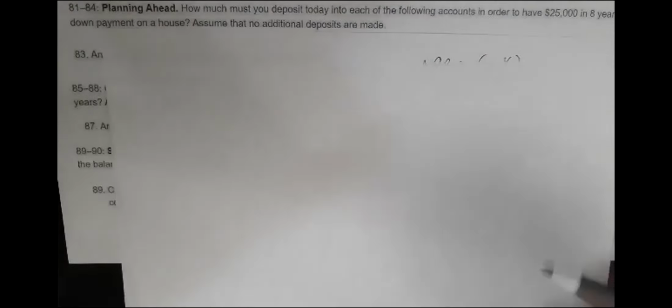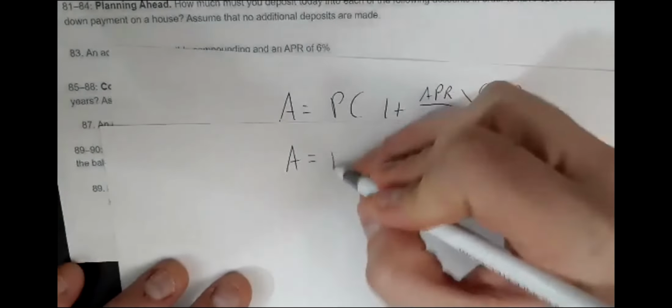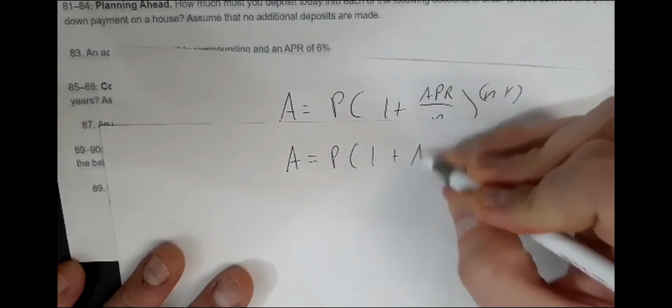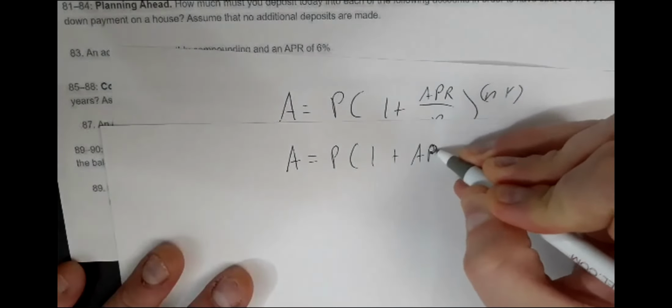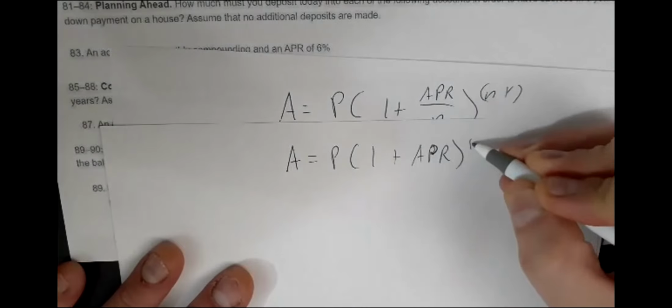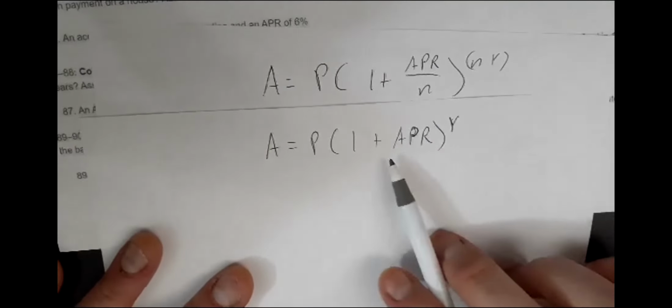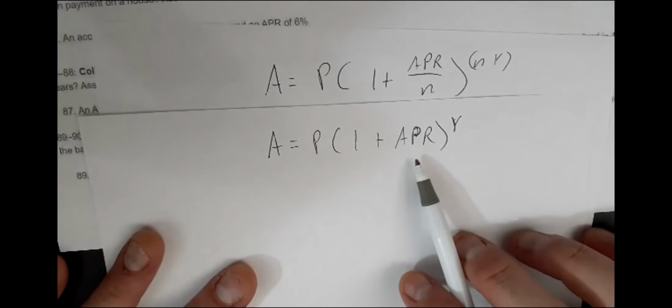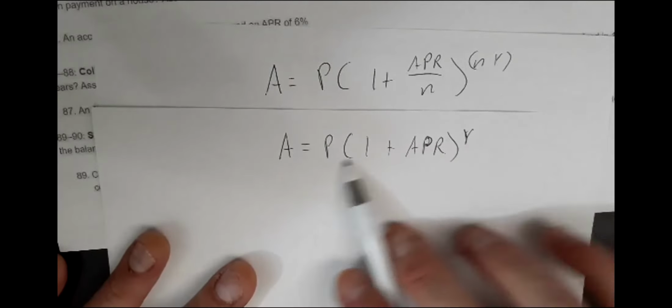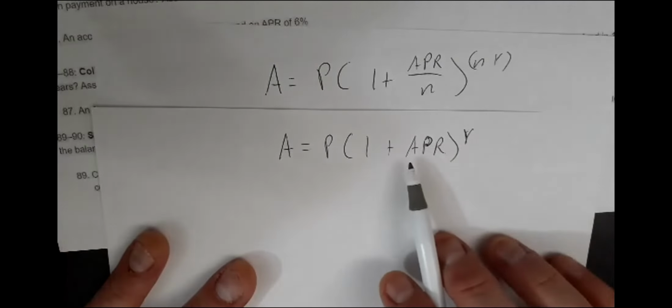And just a quick recap. This was the first formula that we introduced to the Y. So this was if it was compounded once per year. And this was the first formula that we introduced in the notes.